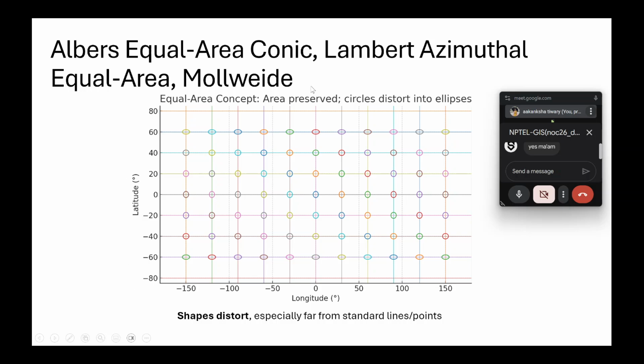Okay, so if you follow this particular projection, Albers equal area conic projection, in this kind of projection we have the equal area concept, so the area is going to be preserved. Okay, so you can see this is kind of circular in between, and as you go to high latitude, this is becoming elliptical.